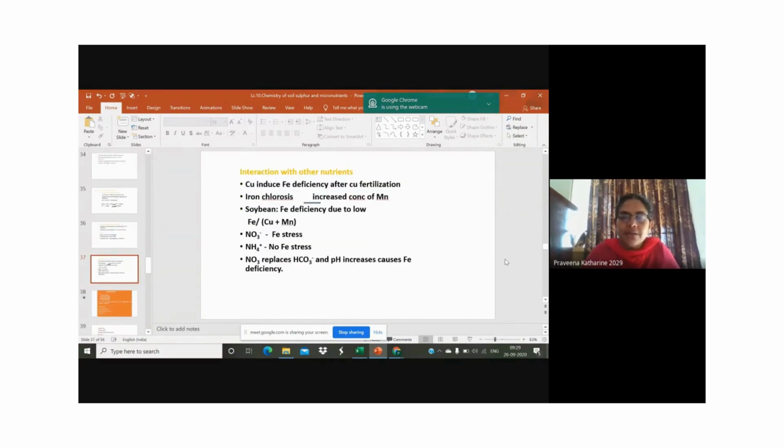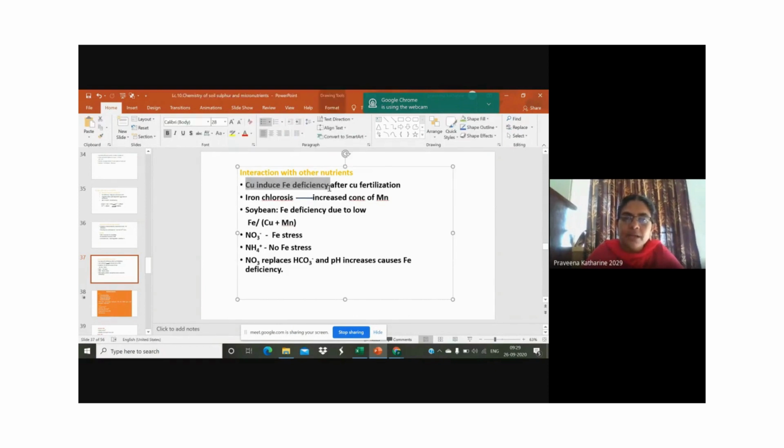So, interaction with other nutrients. Generally, we have two effects, antagonistic effect and synergistic effect, isn't it? Certain nutrients, when present in higher amount in the soil, will reduce the availability of some other nutrients. Similarly here, copper induced iron deficiency.